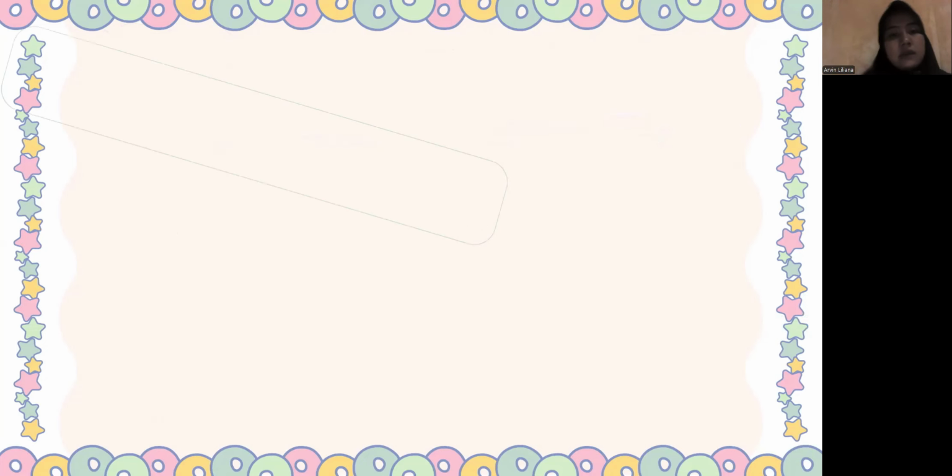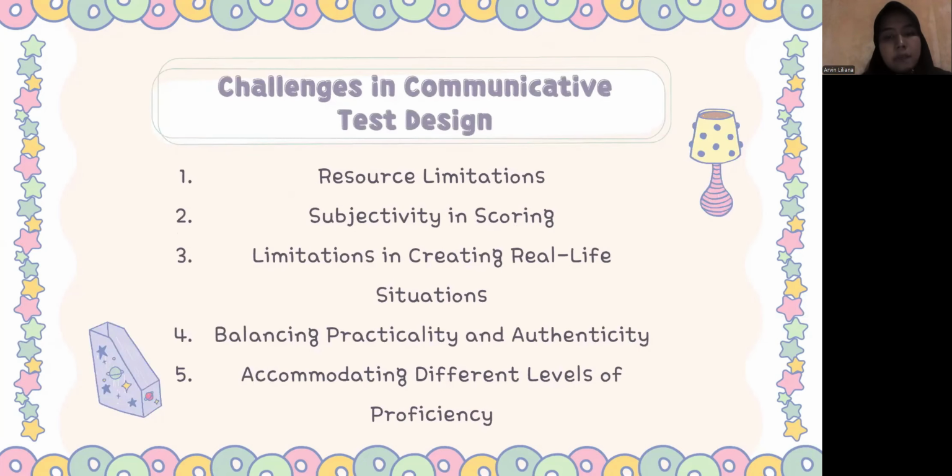Next is challenge in communicative task design. The first is resource limitation. Creating effective and realistic communicative tasks often requires more resources, such as time, materials, and personnel for assessment.